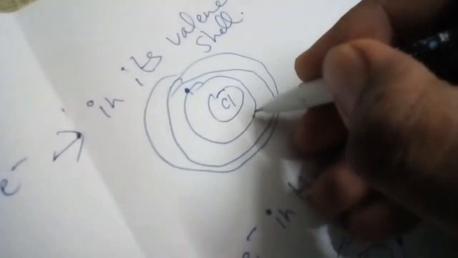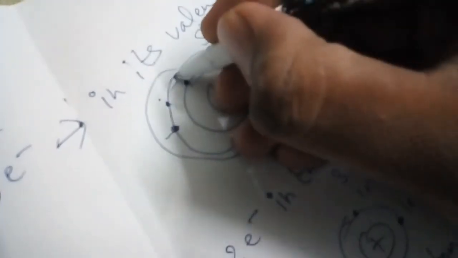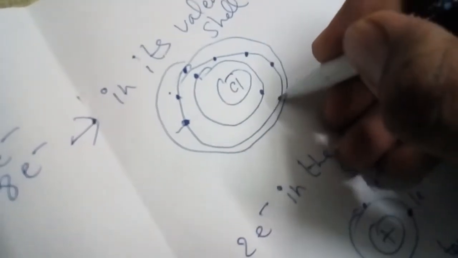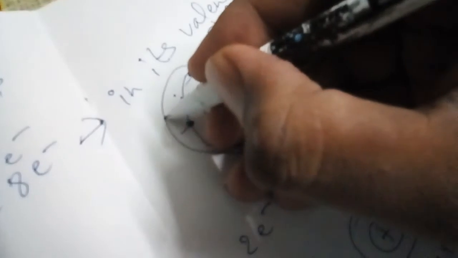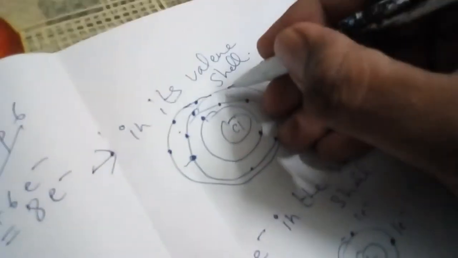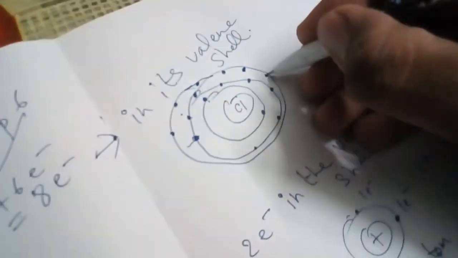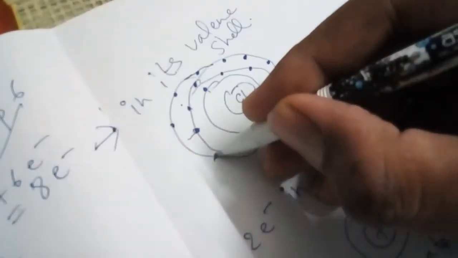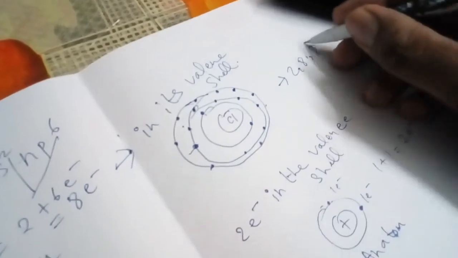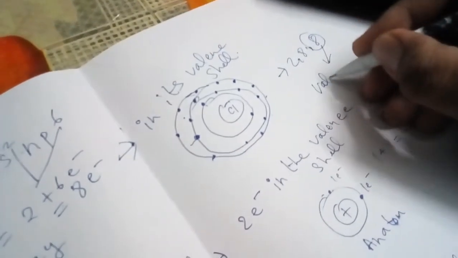In chlorine, in the K shell there are 2 electrons, then 8, and again 7 electrons, meaning 2, 8, 7. These outermost electrons are called valence electrons.